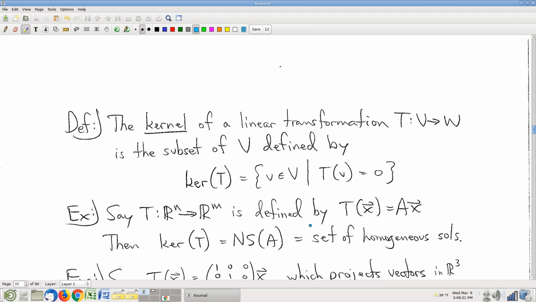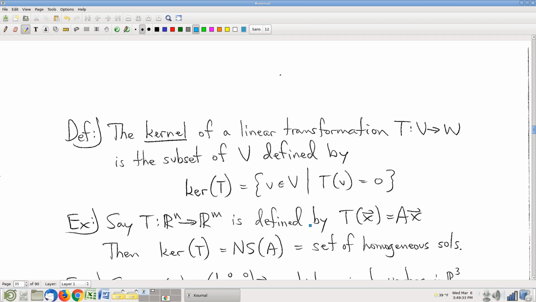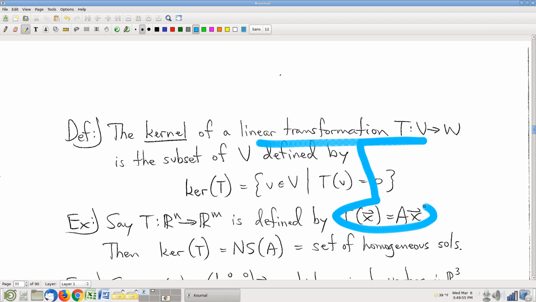Okay, next item in our list of miscellanea. We define a new object called the kernel of a linear transformation. The kernel of a linear transformation is the collection of vectors in the domain for which the image is 0. An easy starter example. Suppose we look at the linear transformation defined by a matrix.